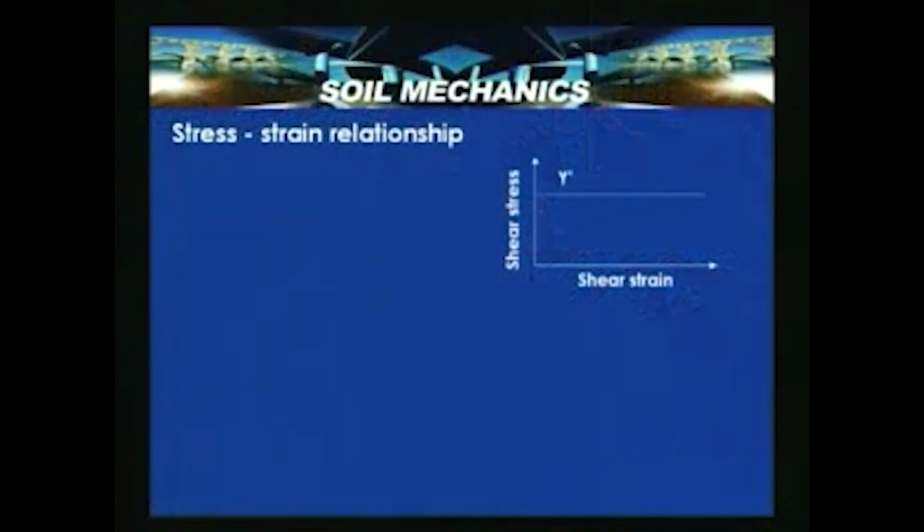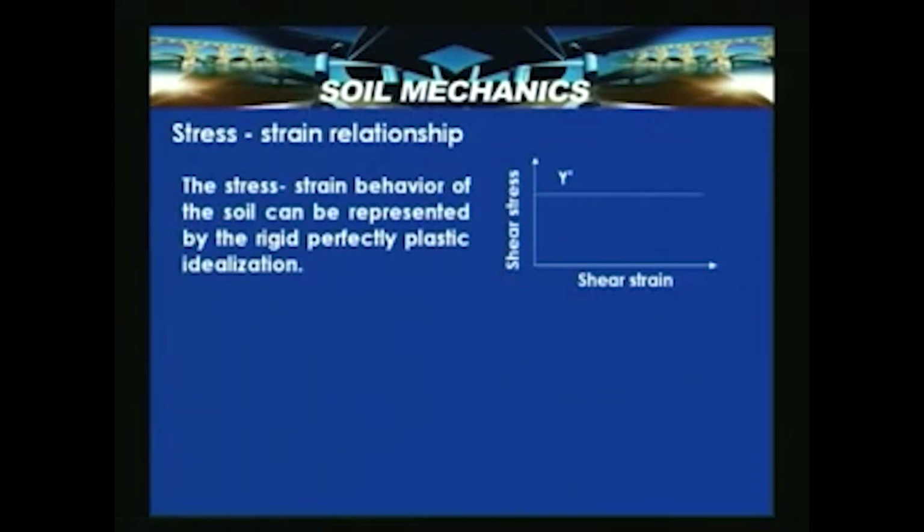Here is a graph of shear stress versus shear strain, and at zero shear strain itself, the soil attains the yield shear stress. So the stress strain behavior of the soil can be represented by the rigid perfectly plastic idealization.